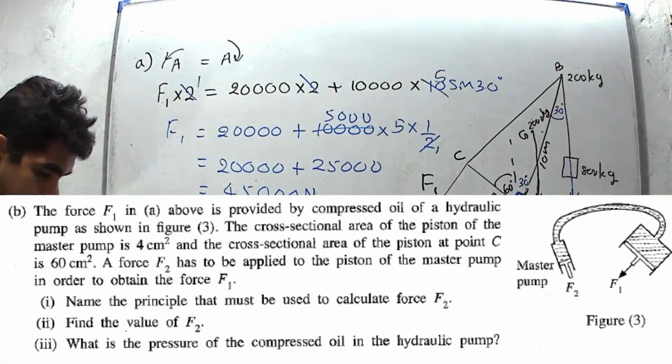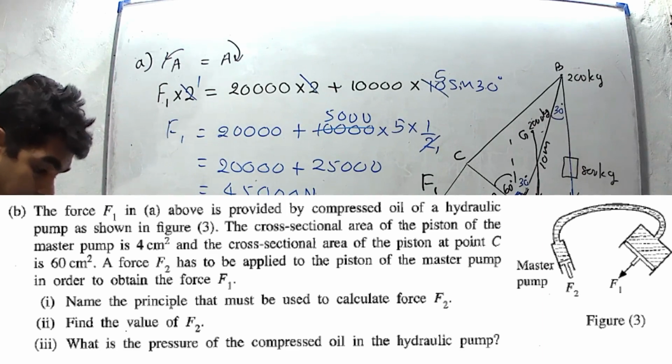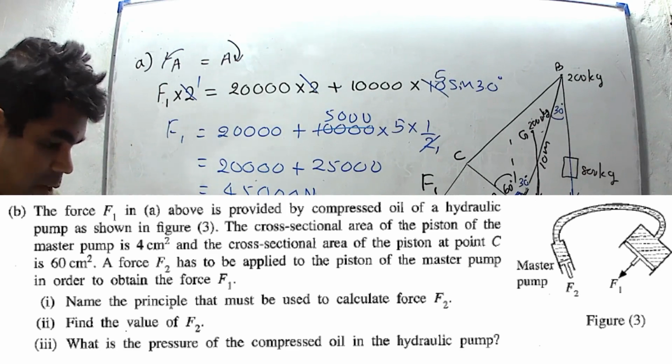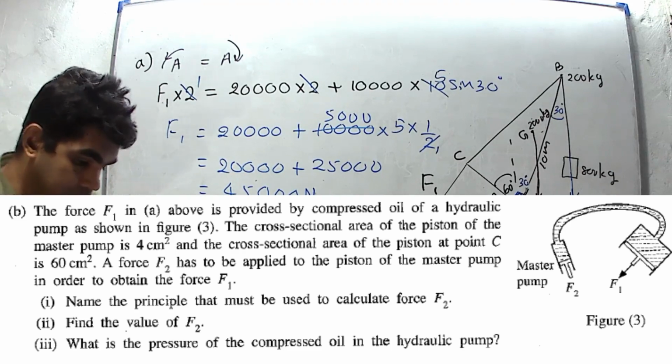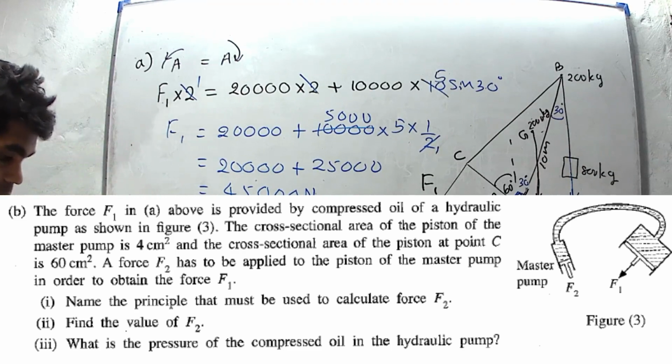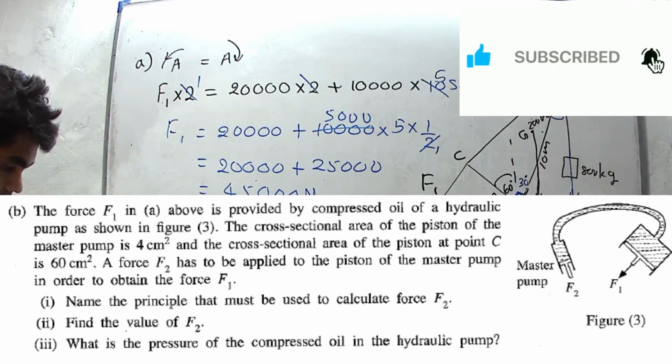Then part B. The force F1 in A above is provided by compressed oil of the hydraulic pump as shown in figure 3. The cross-sectional area of the piston of the master pump is 4 square centimeters. Cross-sectional area of the piston at C is 60 square centimeters.